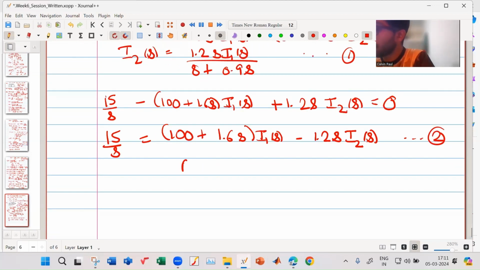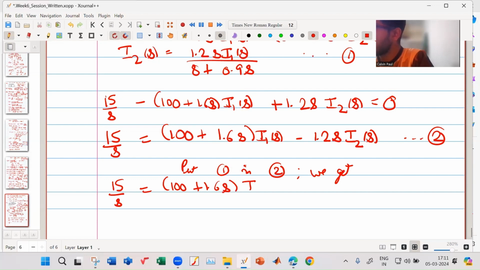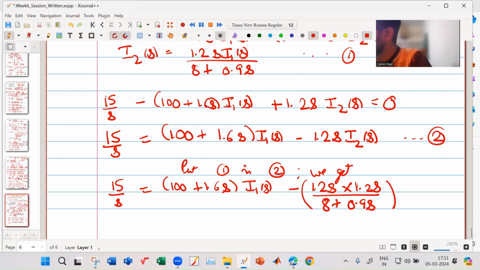So we put 1 in 2. What do we get? 15 upon s is equal to 100 plus 1.6 s into I1 of s minus 1.2 s into 1.2 s upon 8 plus 0.9 s into I1 of s.